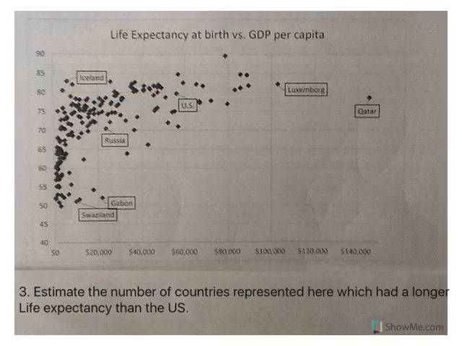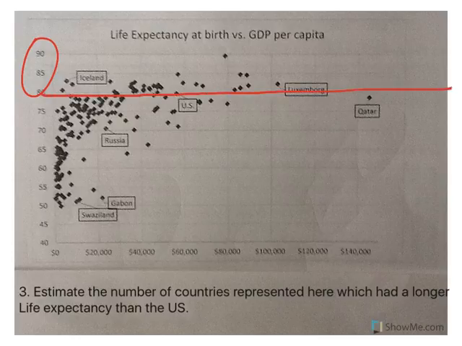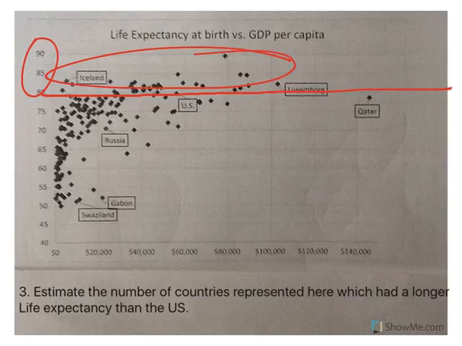Now, using this graph, estimate the number of countries represented here which have a longer life expectancy. Now, this is the life expectancy, so if the U.S. cutoff is here, we want to know how many countries are above this. And you can kind of count the dots, and I tried, but it's hard to tell if some of them are doubled or whatever.